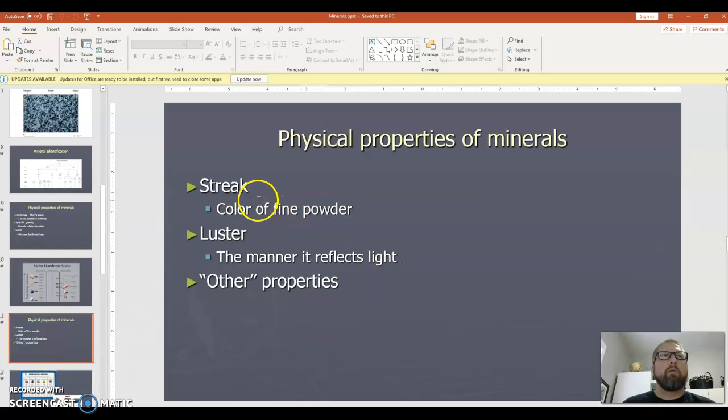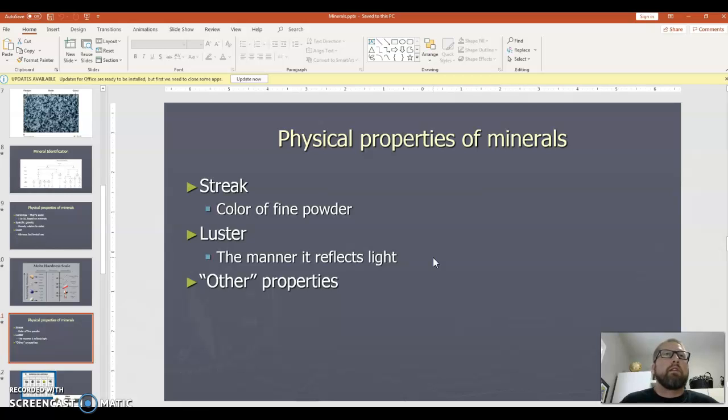Some of the other properties that we look at is the powdered form of the mineral using a streak plate, which is basically just a porcelain plate that we take the mineral and run it across. And sometimes the mineral has a different powder color than the actual color that we're looking at, and that can be helpful. For minerals like graphite, the same graphite that we use in pencils, it's pretty obvious.